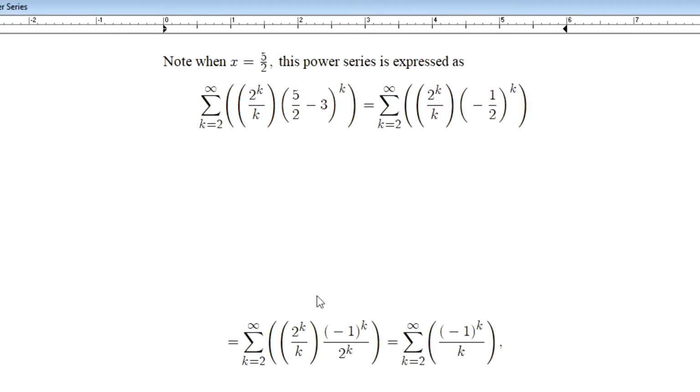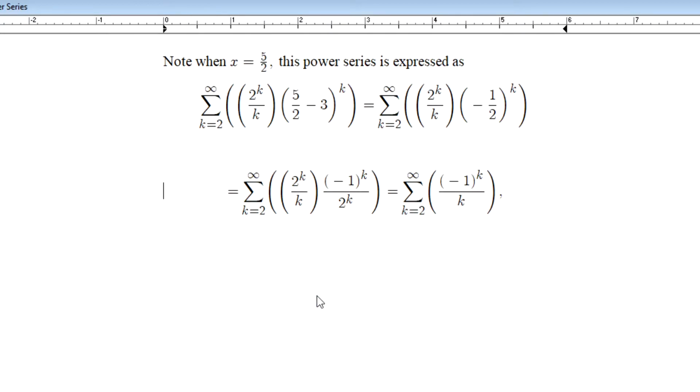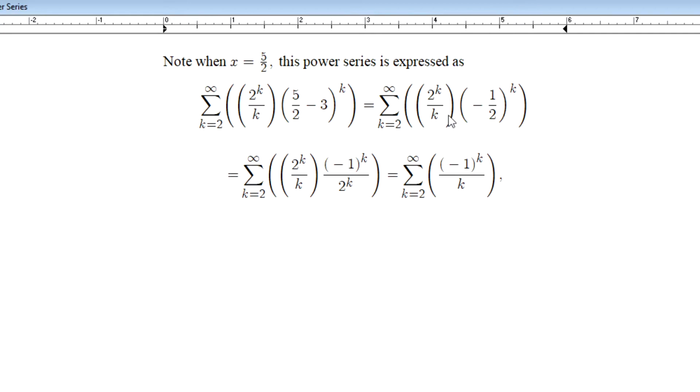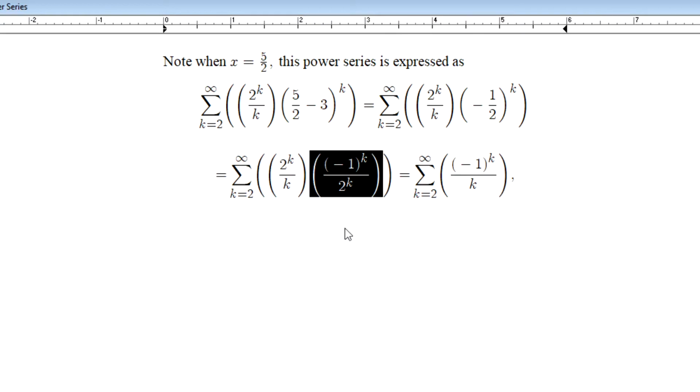We have that -1 raised to the kth power in there. In fact, we can think of this argument as -1 to the kth power all over 2 to the kth power. And then you will notice that the 2 to the kth and the 2 to the kth will cancel, leaving you with negative 1 to the kth divided by k.